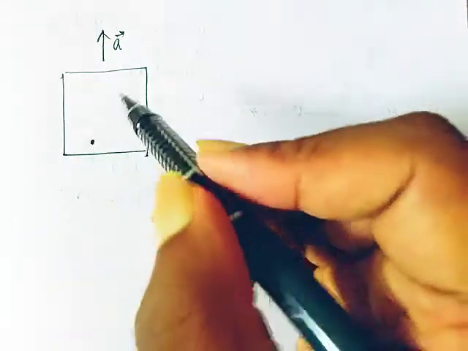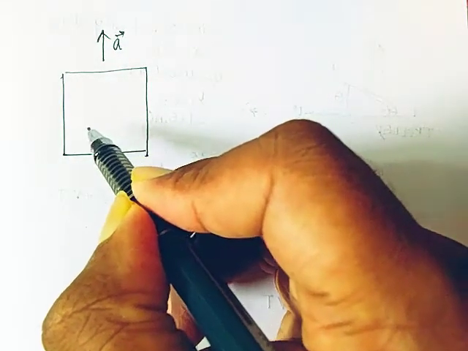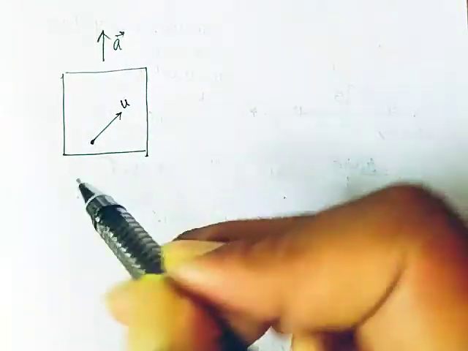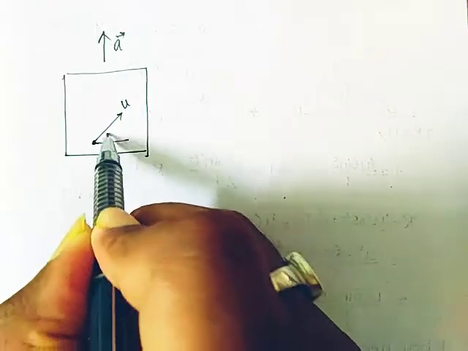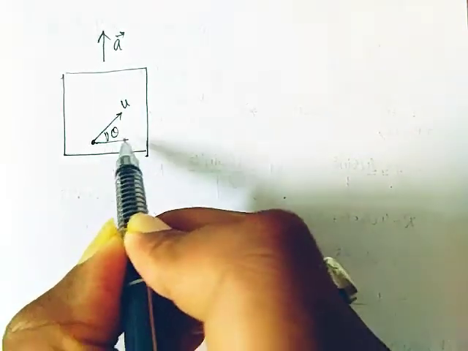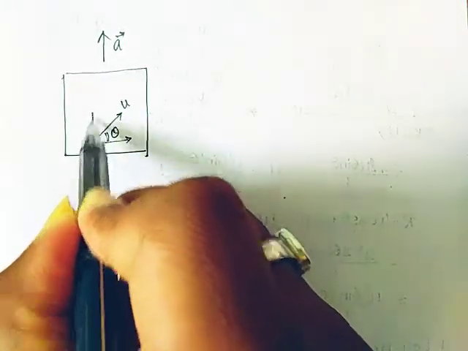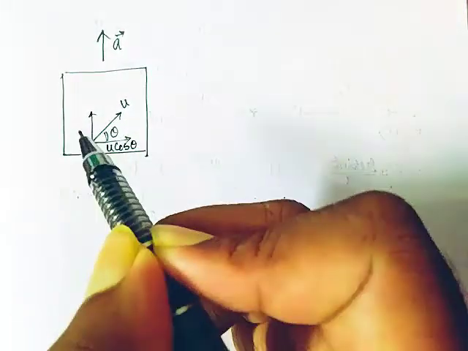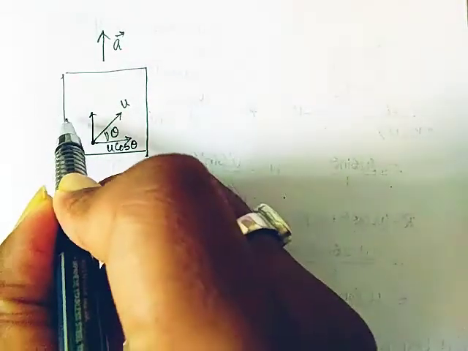I want to analyze this. If it is moving with a velocity u and makes an angle theta, then this is u cos theta and this is u sin theta.